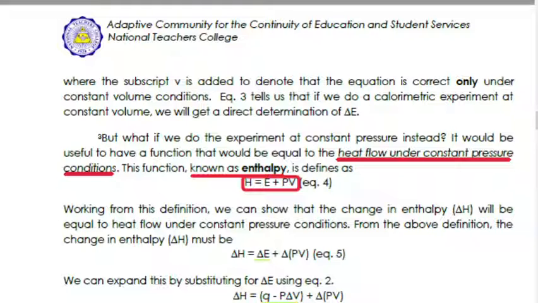You will now have your equation as delta H is equal to Q subscript P, which indicates a constant pressure.